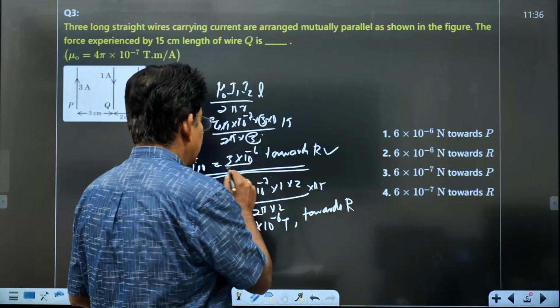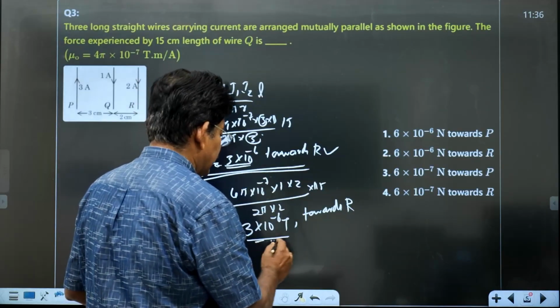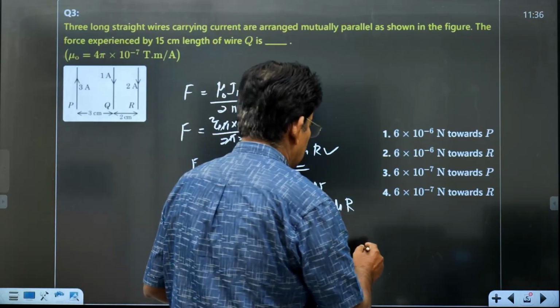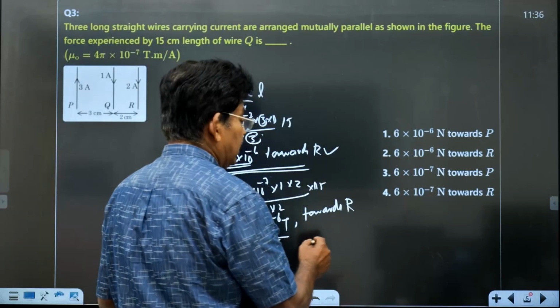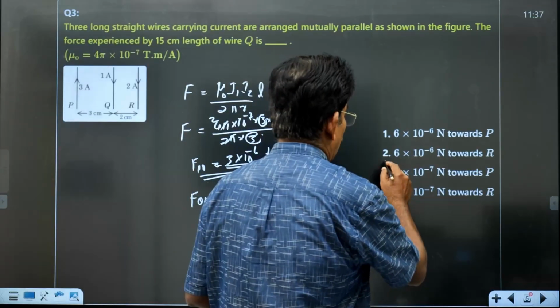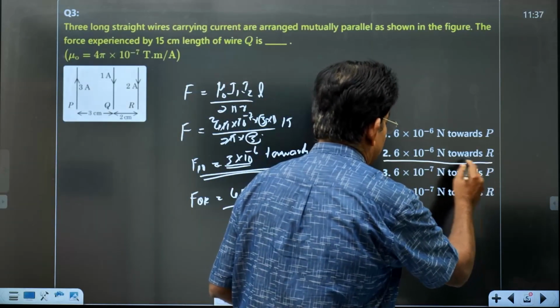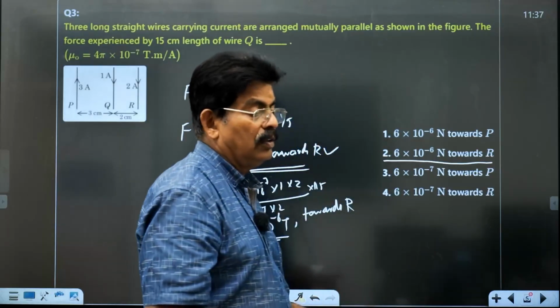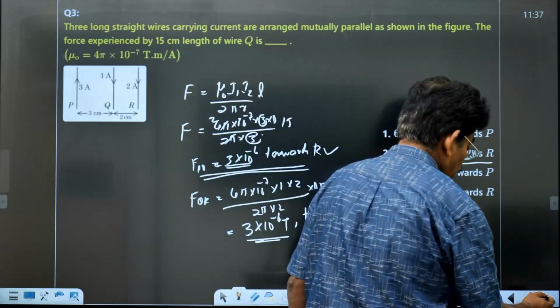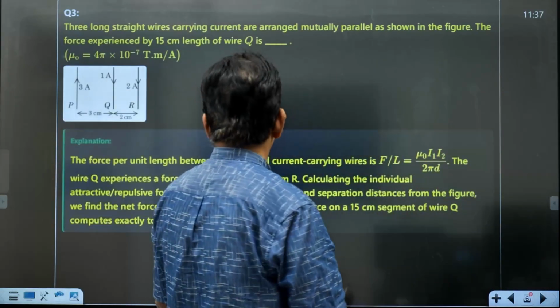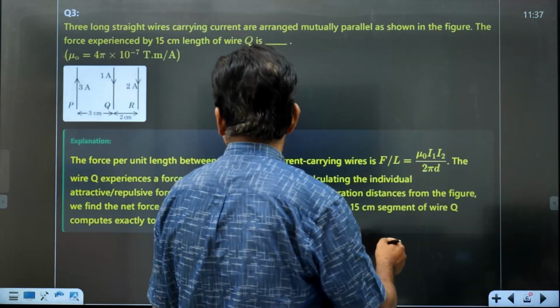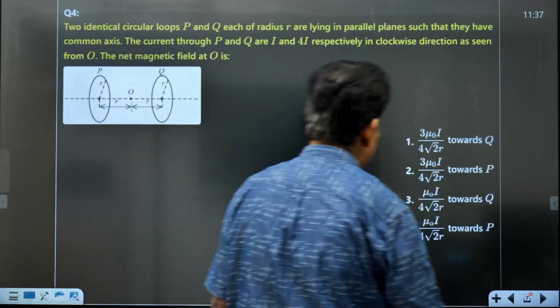How much? 3 into 10 to the power of minus 6, and both are towards R. The total will be 3 plus 3, 6 into 10 to the power of minus 6 Newton towards R. Okay, so that will be the better explanation. Yes. So they have given just the formula only, they didn't go for the calculation part.